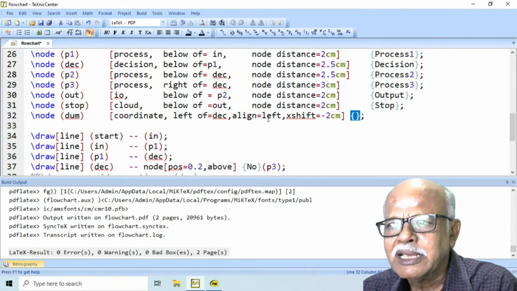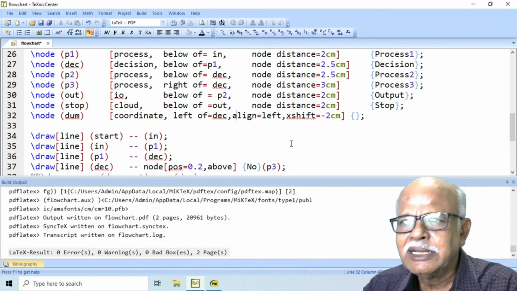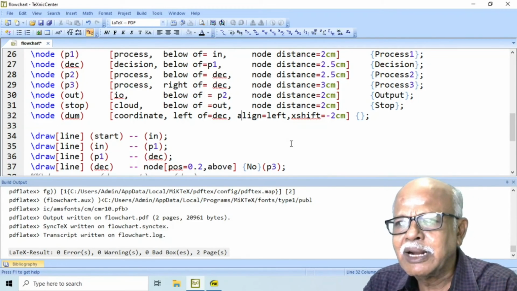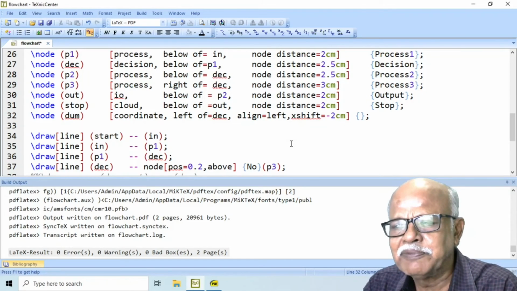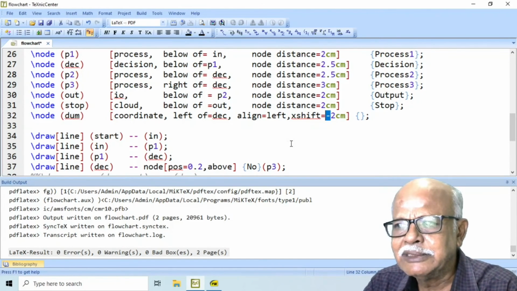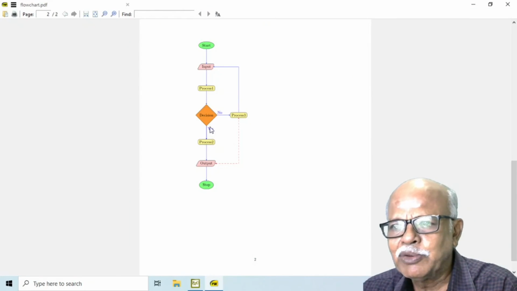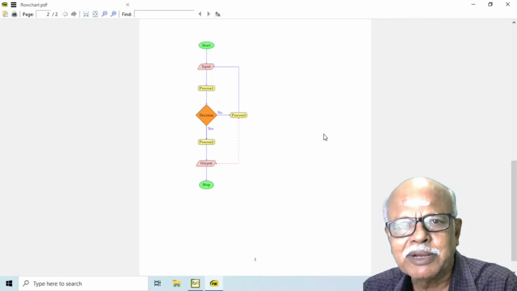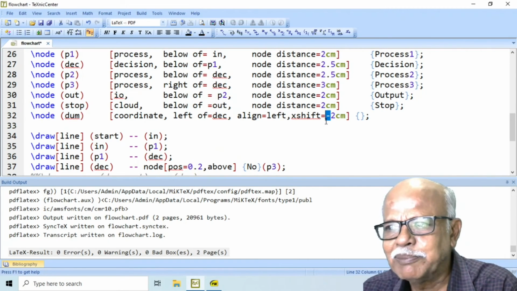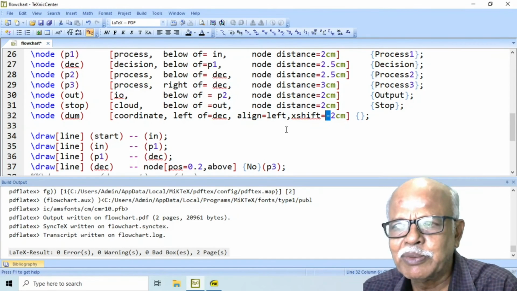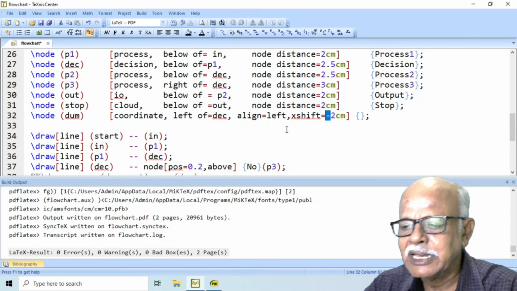And if you are going to have some text here, you can use align left, and you can say x shift. X shift means it will be moving towards the positive x-axis. When you say -2m, it will be moving towards the negative x-axis.